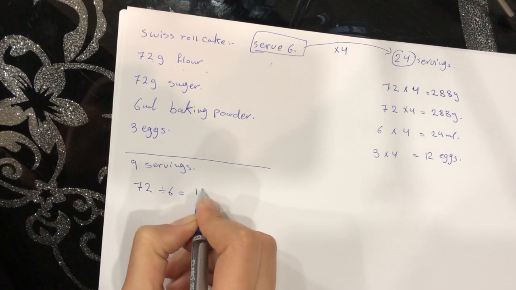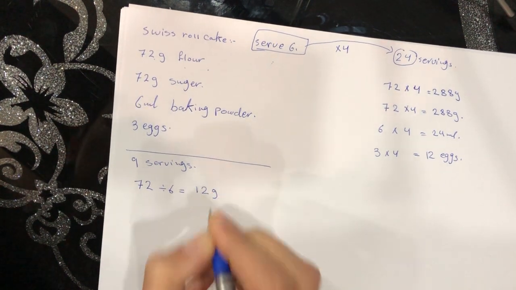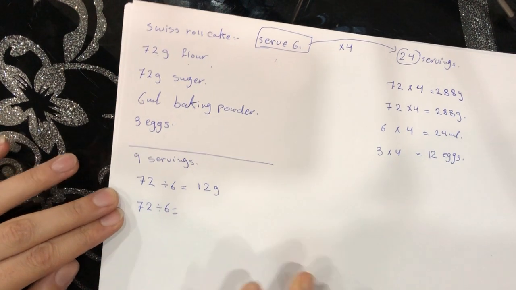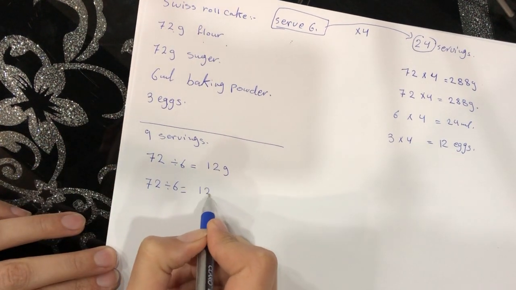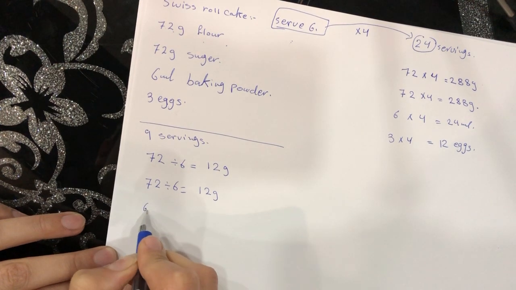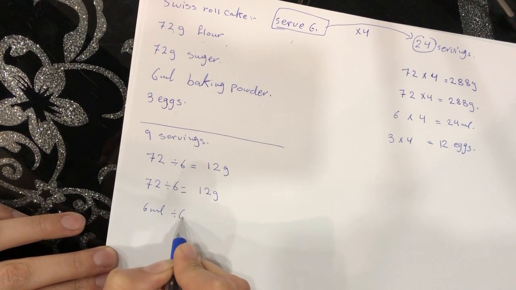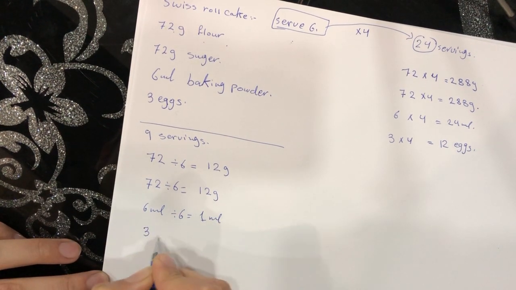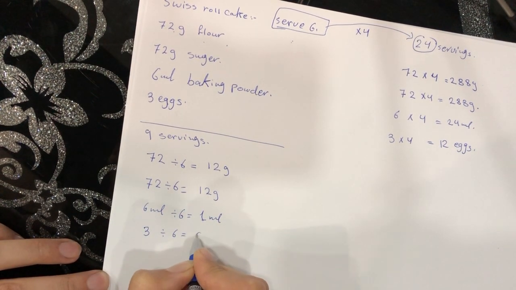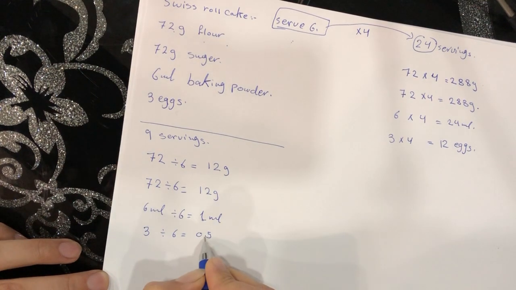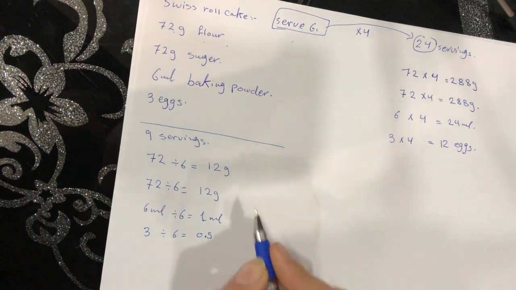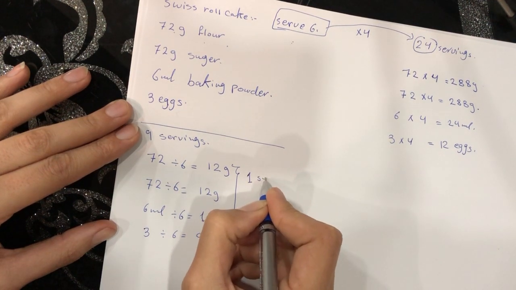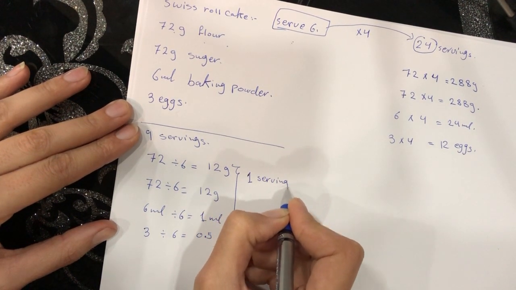It will give me 12 grams of flour. 72 grams of sugar divided by 6 will be 12 grams of sugar. 6 milliliters of baking powder divided by 6, 1 milliliter. And 3 eggs divided by 6 will give me half an egg. Those are the ingredients for 1 serving, for 1 unit.